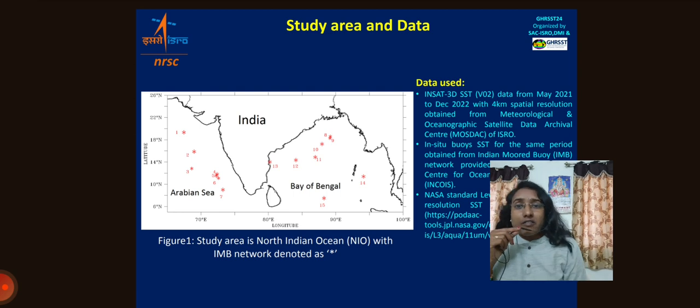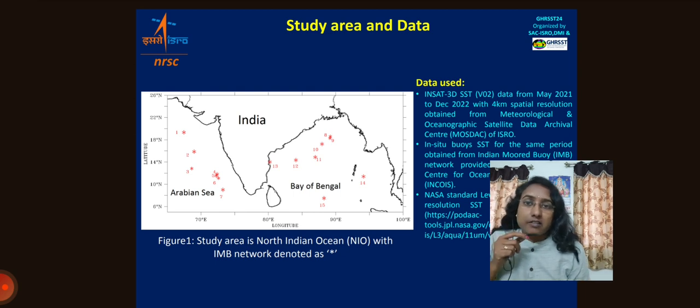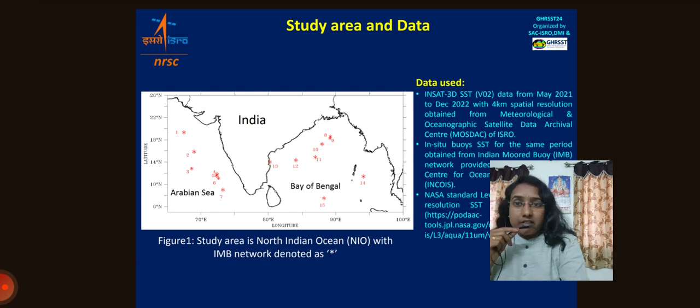We have considered here the latest version of INSAT-3D SST. The previous version of INSAT-3D SST was developed using the split window technique, which is a nonlinear SST algorithm, whereas the latest version of this INSAT-3D SST is generated using the 1D variational technique.